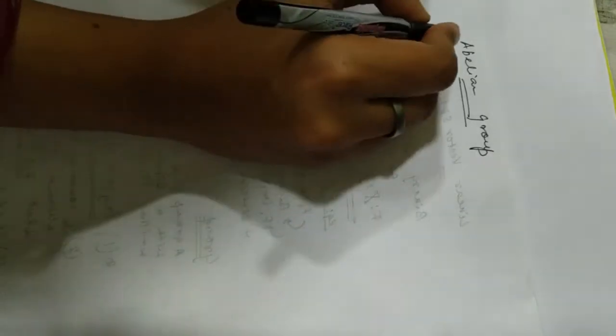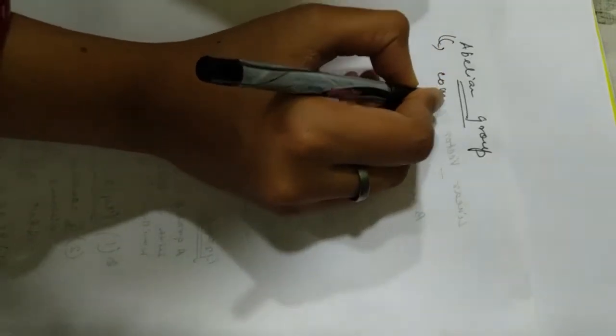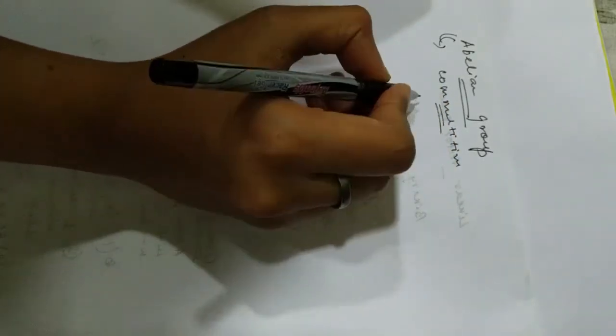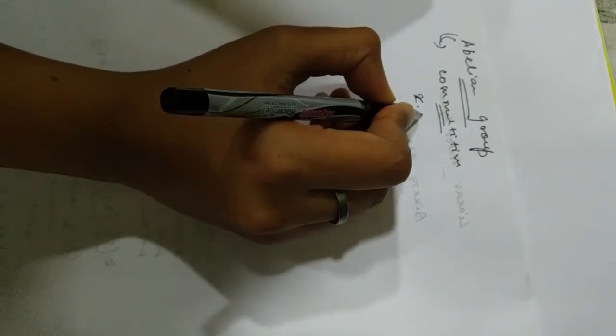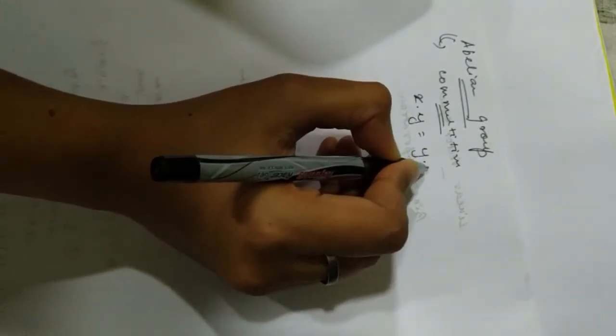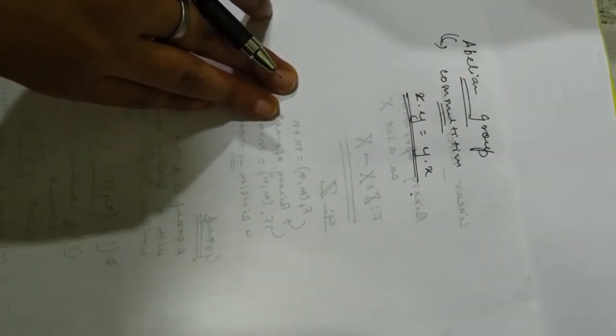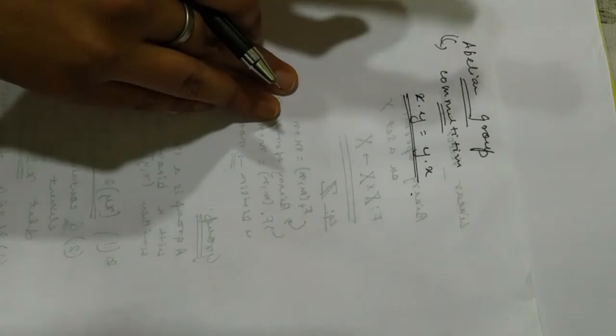In addition to that, an abelian group will be commutative, right? That means x binary operation y is equal to y binary operation x. If this gets followed in addition to the three axioms of a group, then that is termed as an abelian group, right?